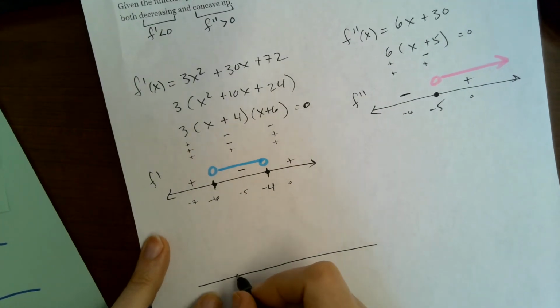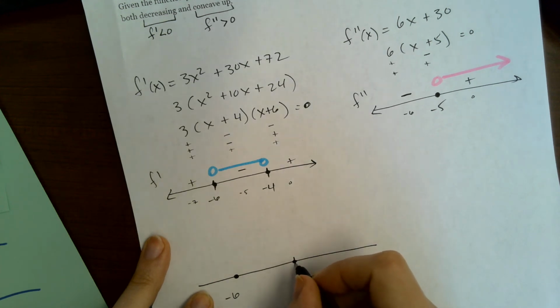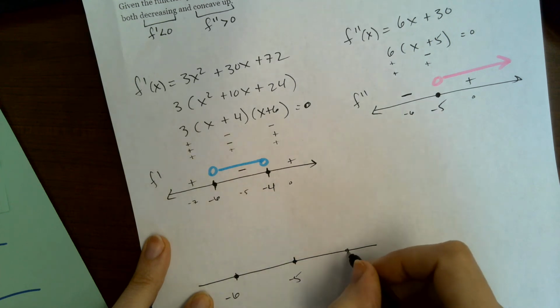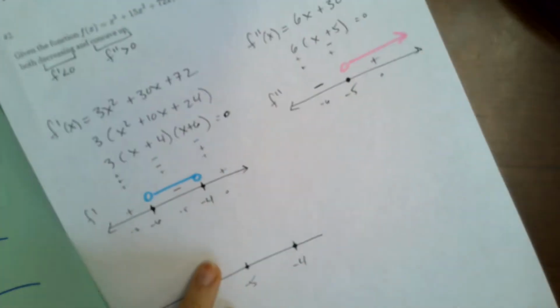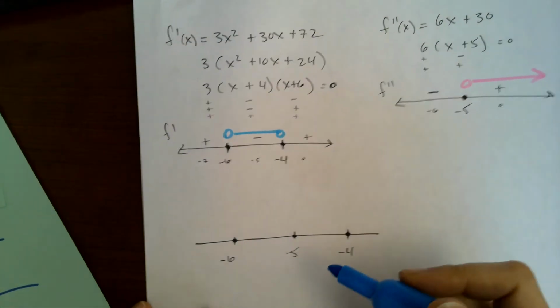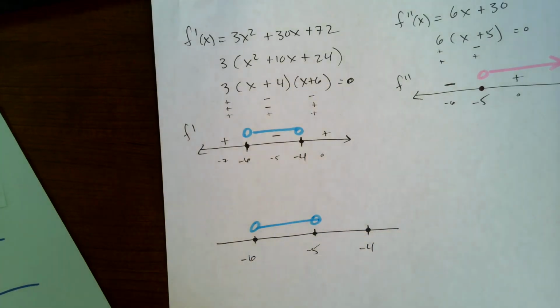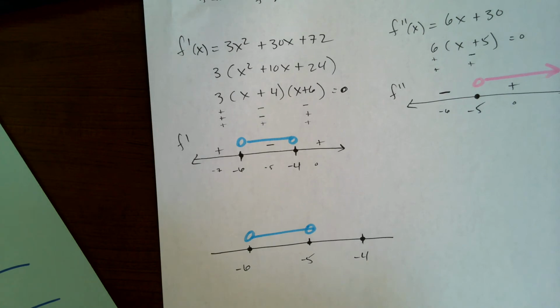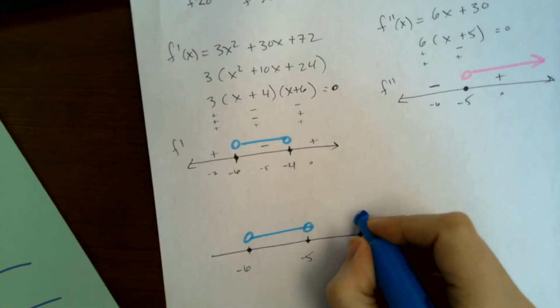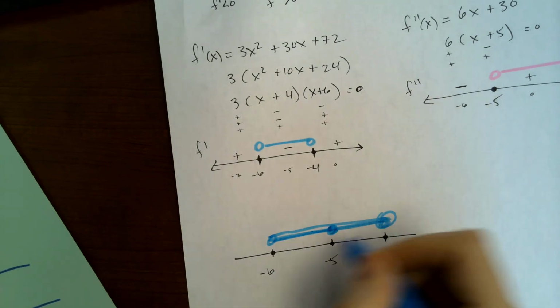Okay, now I'm going to put these both on the same number line. So we've got -6, -5, and -4. I'm looking for where the blue and the pink overlap. So this is where f is decreasing. Uh-oh, no, I messed up. Okay. So, whoopsie, those are open.